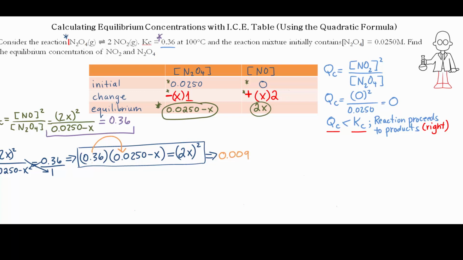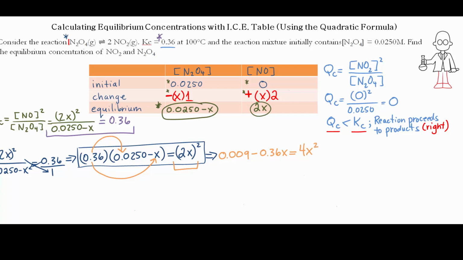And then I want to distribute, and multiply 0.36 times a negative x. That's going to be minus 0.36x. And I want to set that equal to 2x squared, which is going to be 2 squared, which is 4, and x squared, which is x squared.